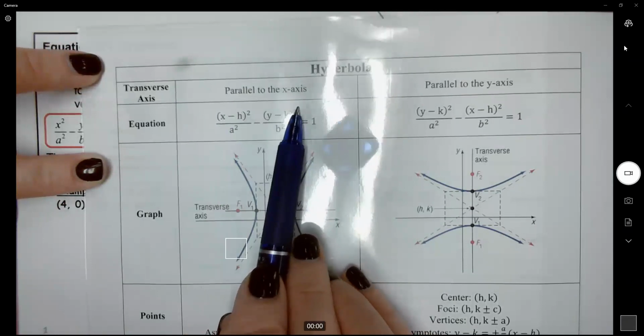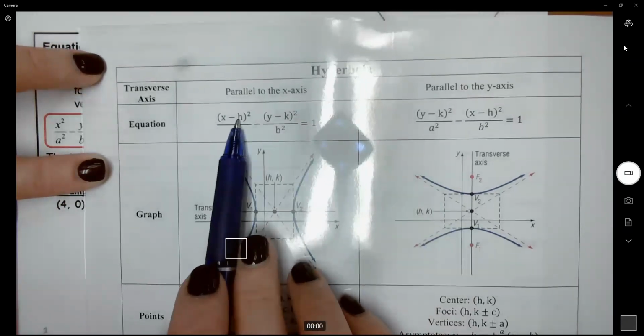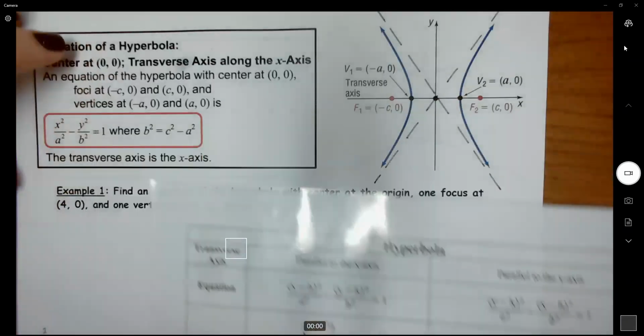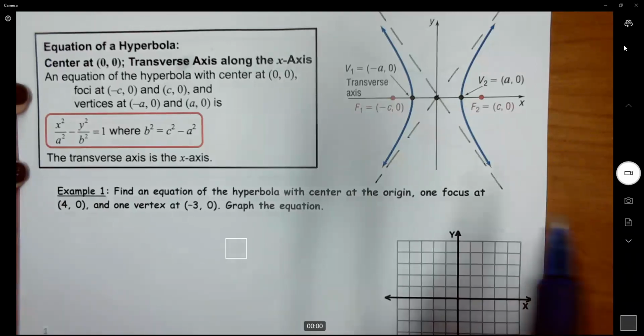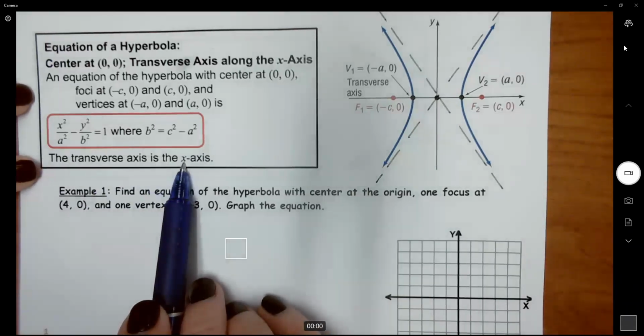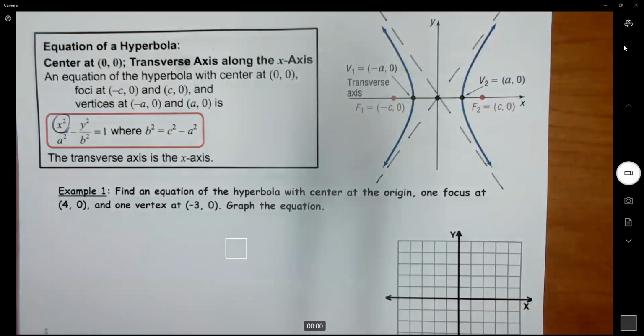And if you just have y squared, that means your k is 0. Because we don't have x plus or minus anything or y plus or minus anything, because it's just x squared, y squared, we know it's centered at the origin. I know that my transverse axis is the x-axis because my x is first.